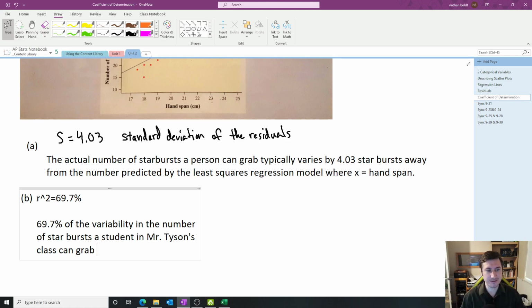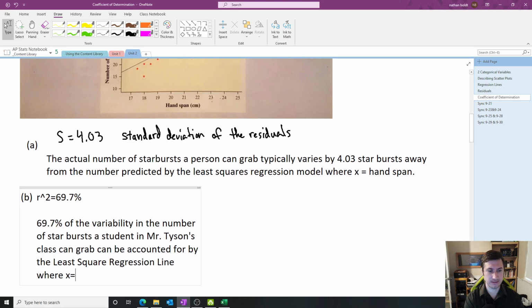So 69.7% of the variability in the response variable can be accounted for by the least squares regression line, where x equals handspan.